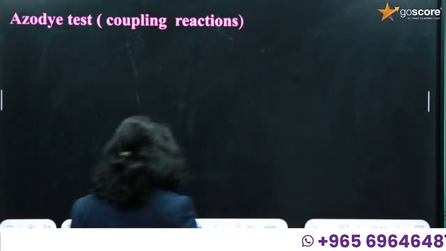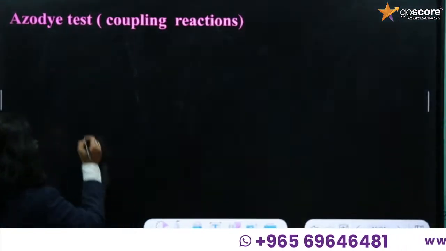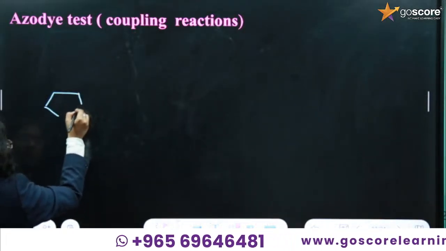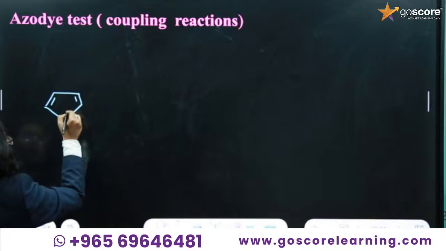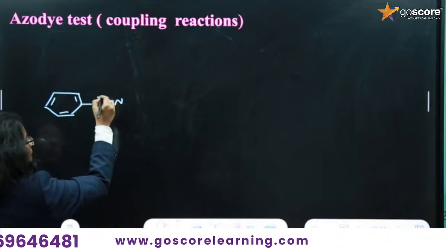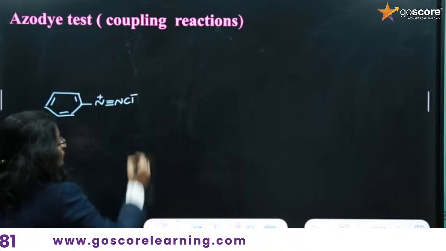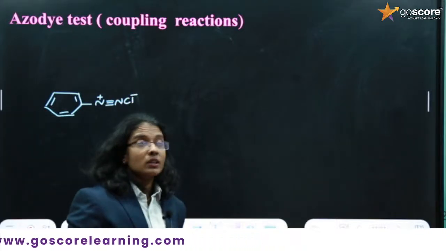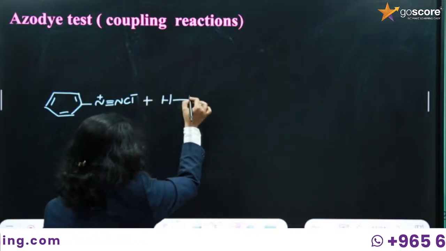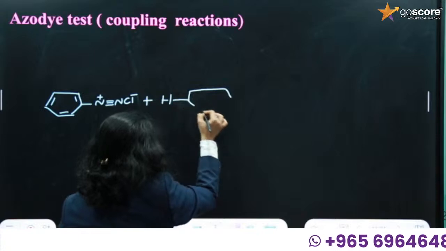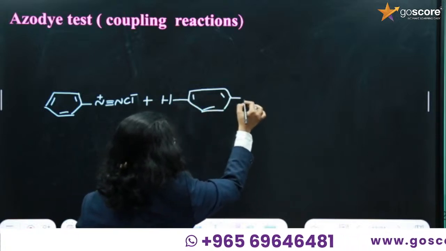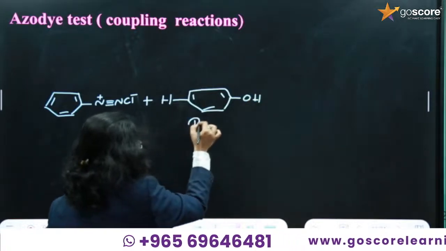Here benzene diazonium chloride on reacting with phenol, this is phenol.